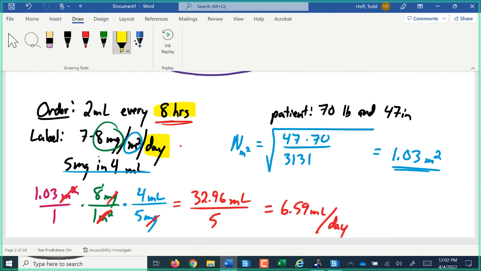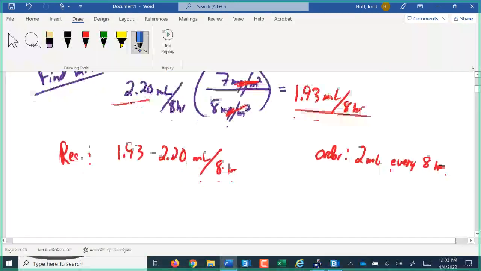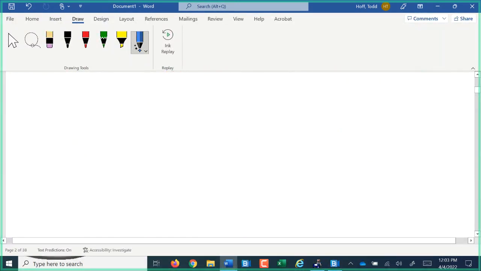That one single large dose might be too much at a single time. So if we're going from a large period of time to a smaller period of time, that's usually okay. Going the other direction is something totally separate that may have to be double checked. The size of the dose might not be an issue, but the frequency, giving the larger dose less frequently, might cause more damage than giving the small dose more frequently. So something to be aware of there, even though mathematically it might be in the correct range, it might still be a hazardous dosage for that patient.